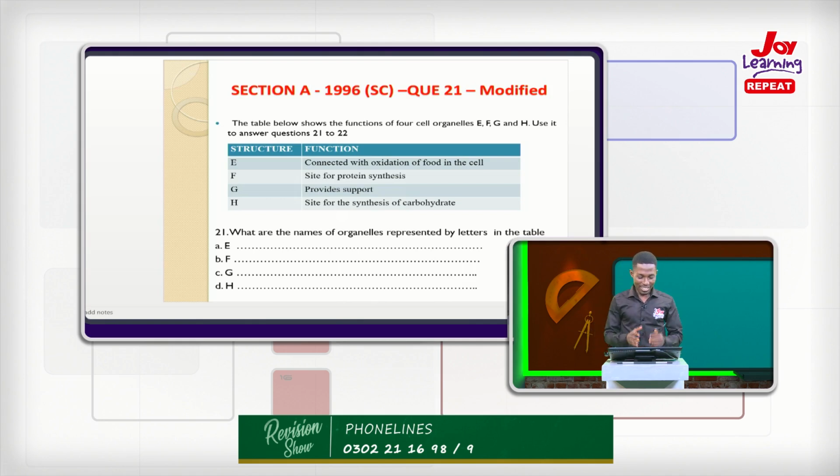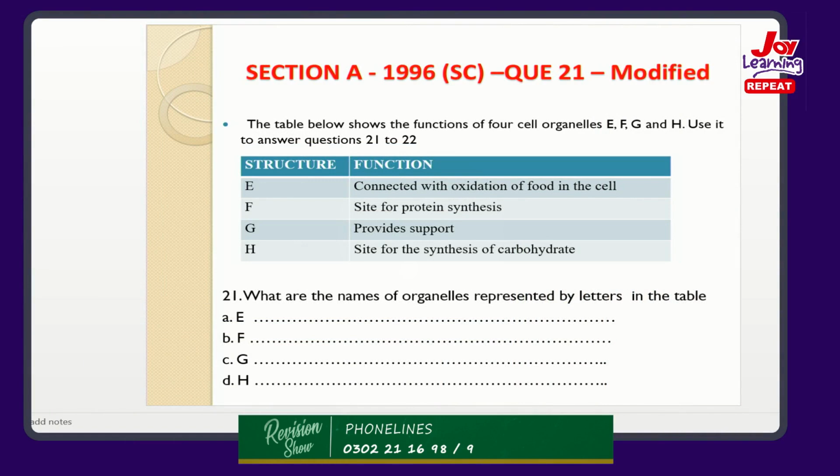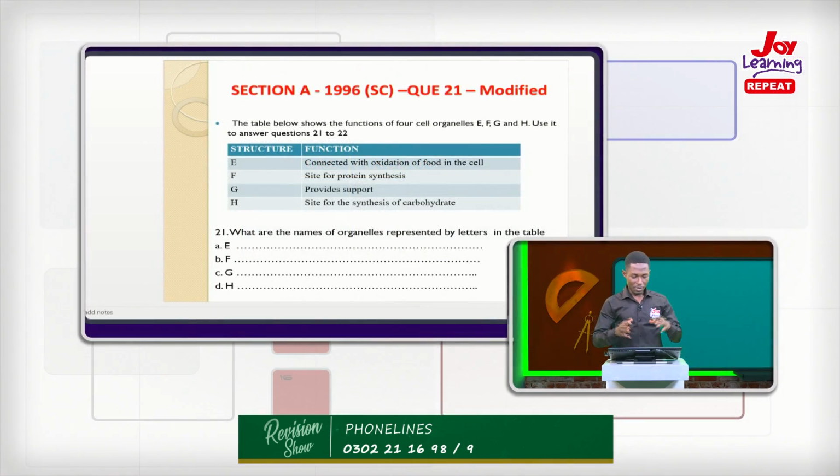Now on your screen is another tricky question that I've modified. If you see modified, that means I've twisted it. 1996, they brought this table. So I want you, the student watching me, try and let's find the names of the organelles represented by the letters E, F, G, and H. Structure E is connected with oxidation of food in the cell.